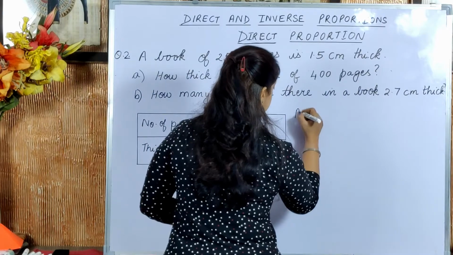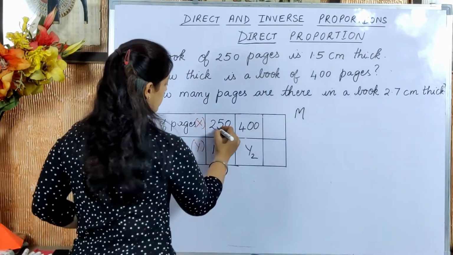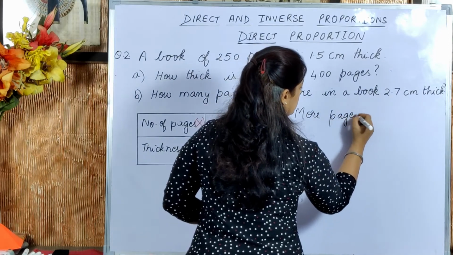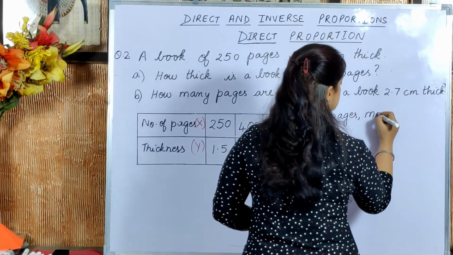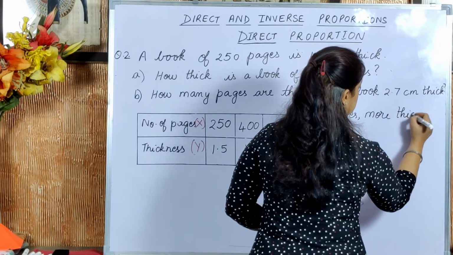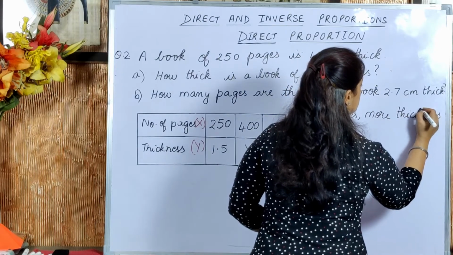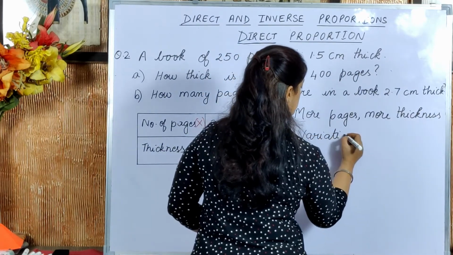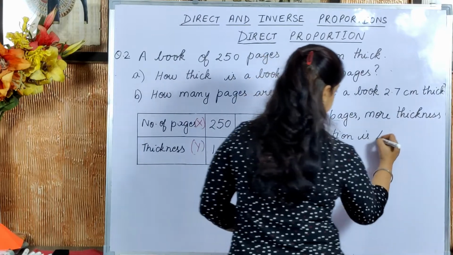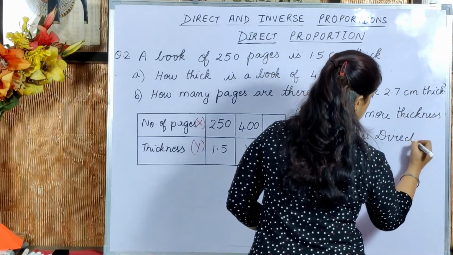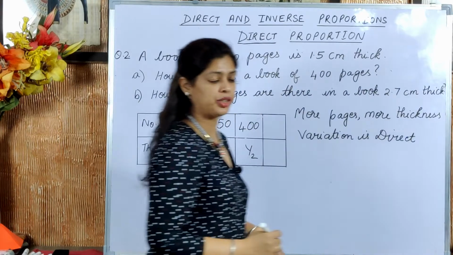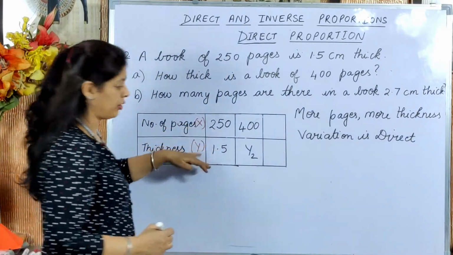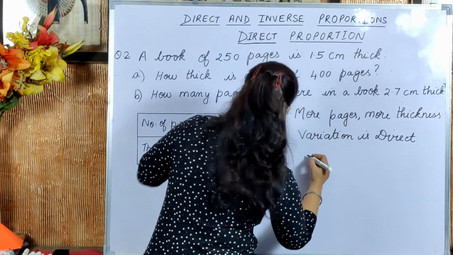Now since the pages have increased from 250 to 400, I can say that more pages, more will be the thickness. So the variation is direct. Now in direct variation we know that the ratio of x to y will be fixed and it will be equal to the others.